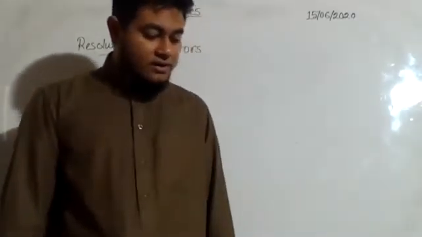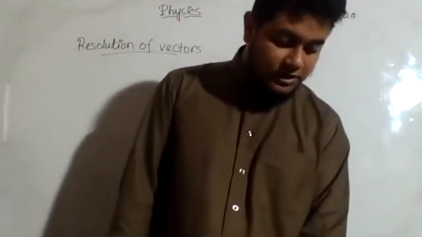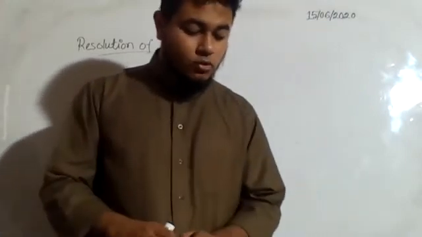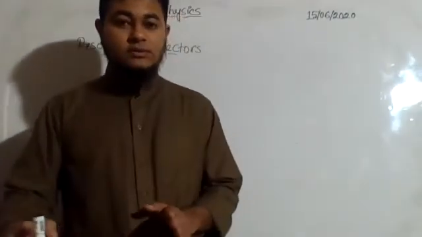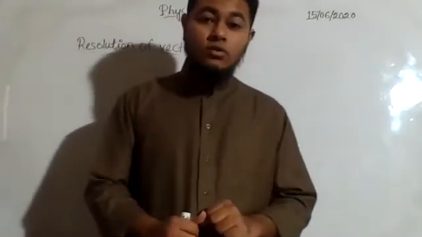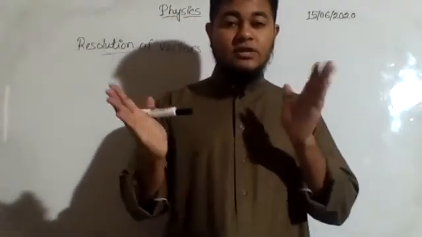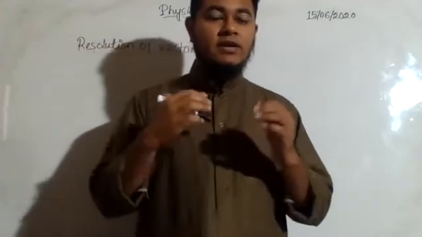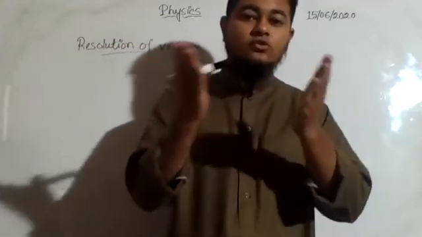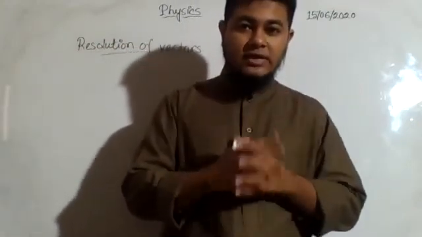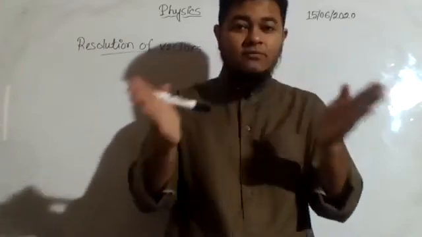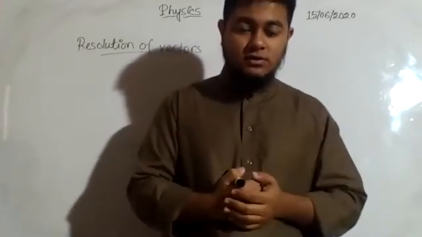In the earlier article, we have seen that one vector can be found by adding more than one vector. In the parallelogram, we saw that P and Q, two separate vectors, were there, and we found the resultant by adding them, right? So if I can get one vector by adding two or more vectors, then that vector can again be further divided into two or three vectors. This is what is resolution of vector.